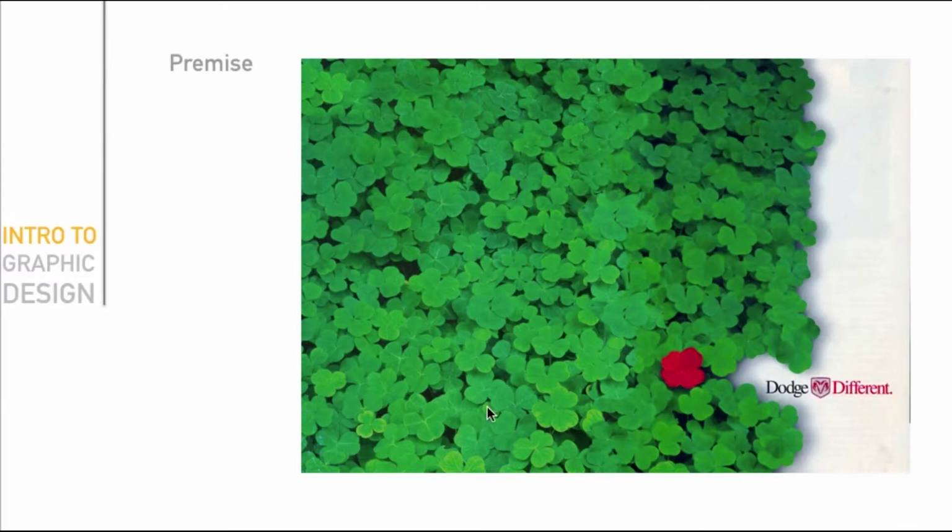We have a field of green 3-leaf clovers with one 4-leaf clover poking through and highly noticeable because it's bright red. Well, if you have studied color theory at all, you know that red is the complement or the opposite and the balancing point of green. So among all the green 3-leaf clovers, we have the red, totally opposite, highly contrasting 4-leaf clover.